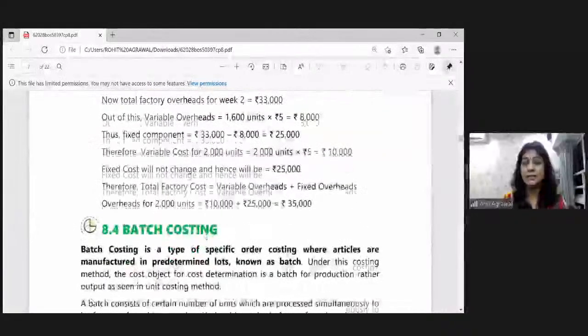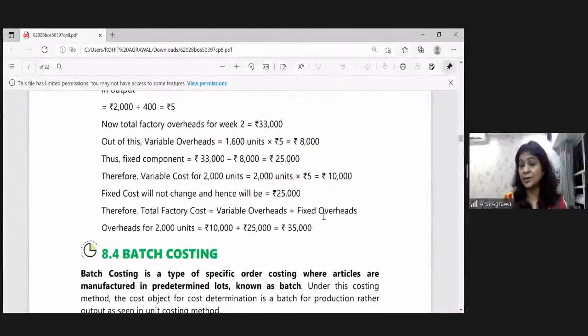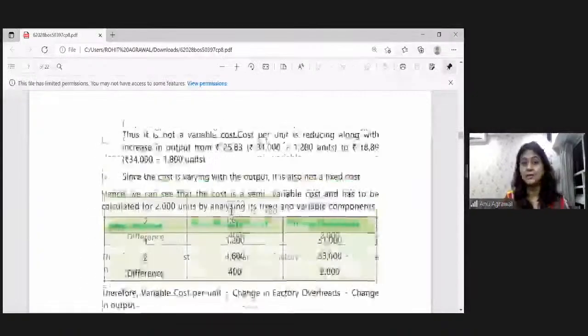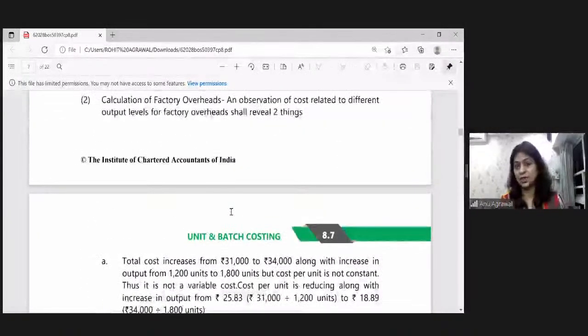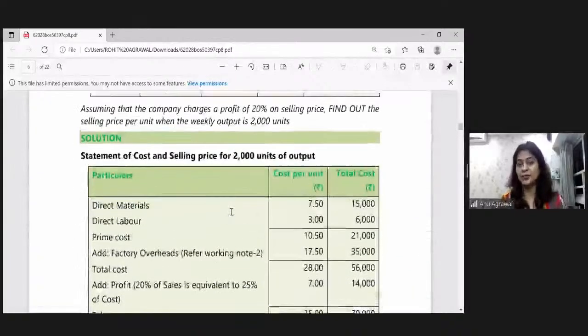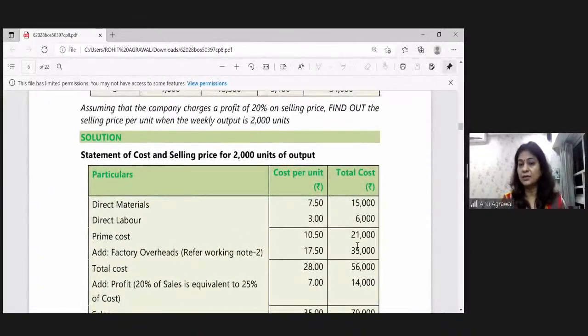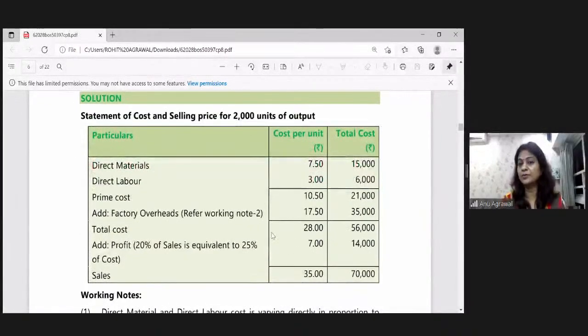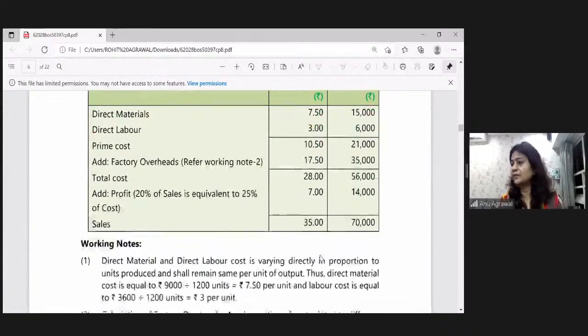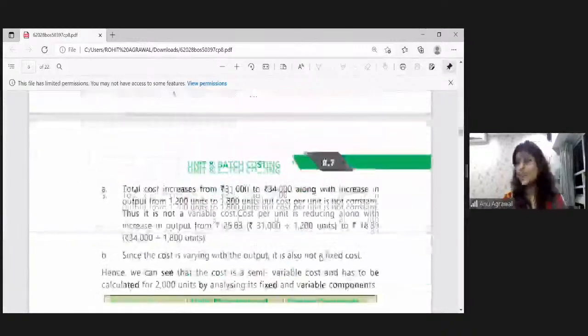As you can see, it is mentioned, so it will remain 25,000. But what will be the variable overheads? Variable overheads will be 2,000 into 5, which will come out to be 35,000. This 35,000 you divide by 2,000, it gets you 17.5. Now, once you know your cost, you add the profit and you find the selling price. Yes? Okay.